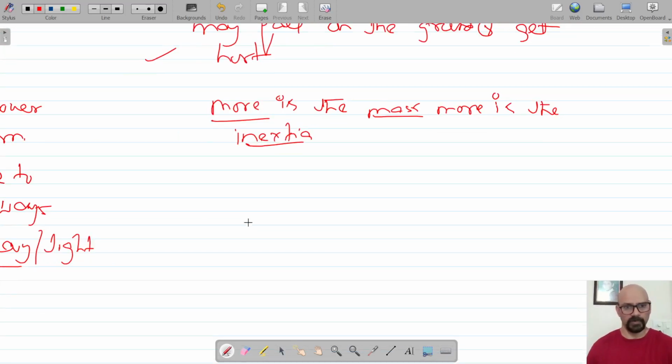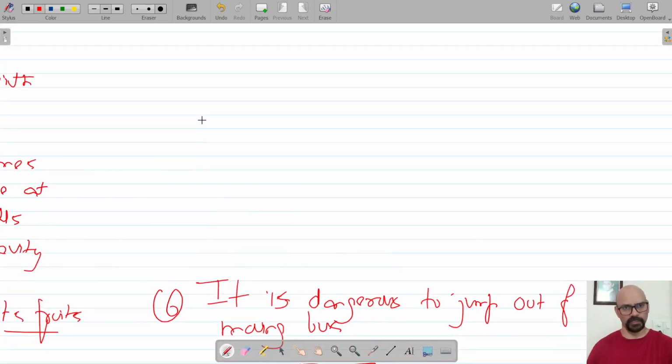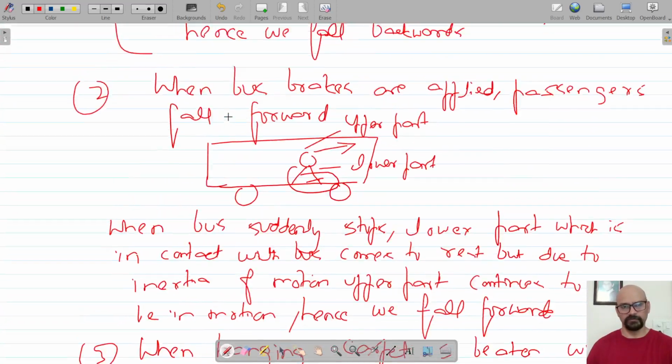Or we can say that mass is the measure of inertia. Okay, so mass is the measure of inertia, the more the mass, the more the inertia.